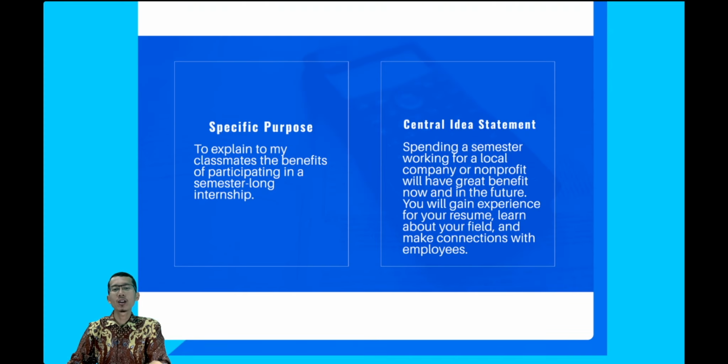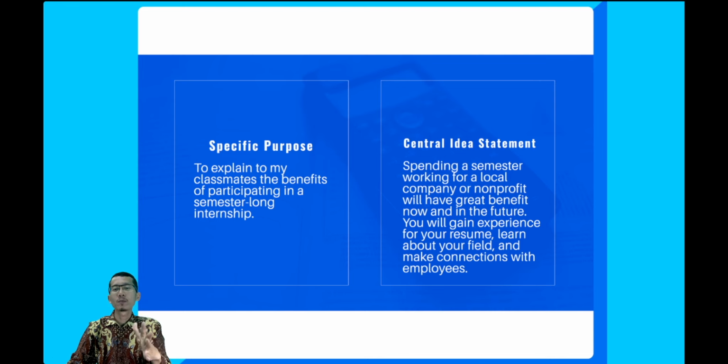Next, we are going to talk about specific purpose and central idea statement definitions. Here are some examples of pairs of specific purpose statements and central idea statements. This is the example: to explain to my classmates the benefits of participating in a semester-long internship.